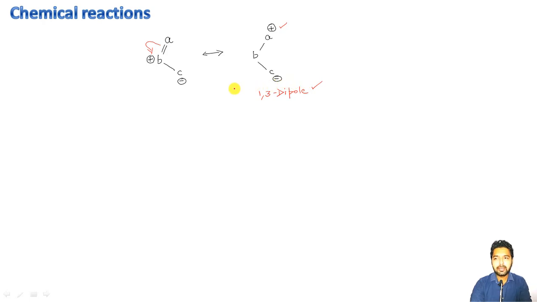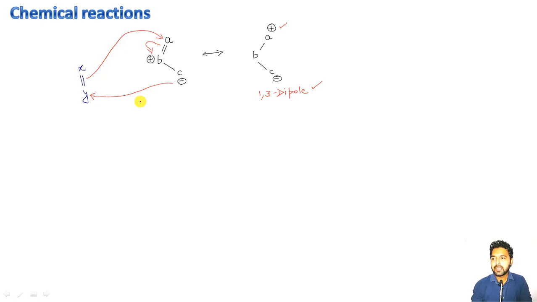Both are types of 1,3 dipoles, and they can always react with dipolarophile molecules, right? So let us say on this side we have some dipolarophile molecule, say X double bond Y. These 1,3 dipoles can undergo reaction in this way: they can attack here, and these electrons can shift, or they can attack on the atom A, sending these electrons onto the B atom.